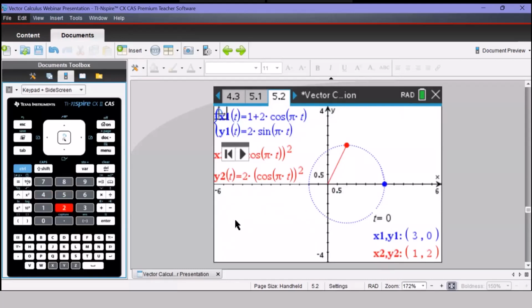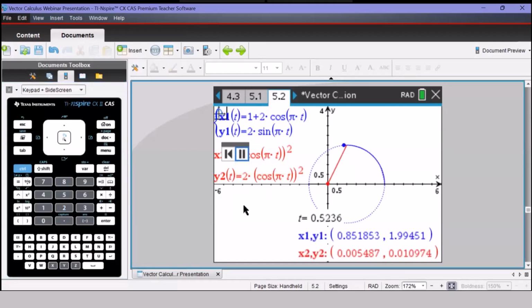When I press the play button, we're going to have 2 pi seconds worth of animation, and we try to determine whether in fact these two particles collide or not. So we start the animation, and particle 2 is just moving up and back along the straight line, and particle 1 is moving in a circle.